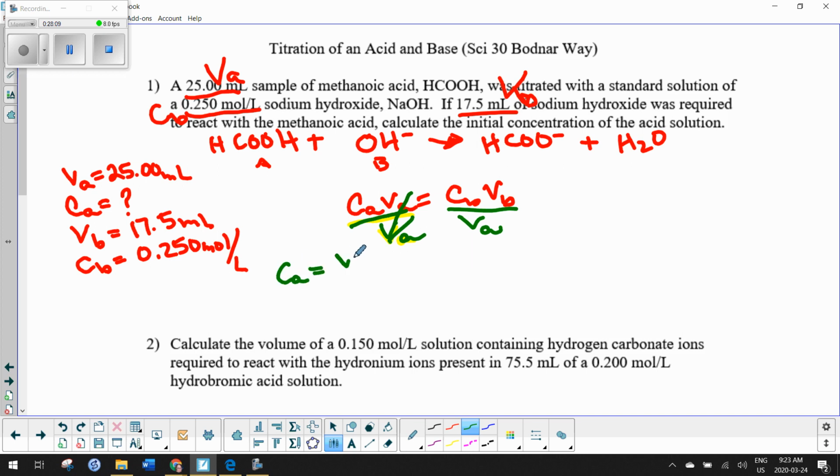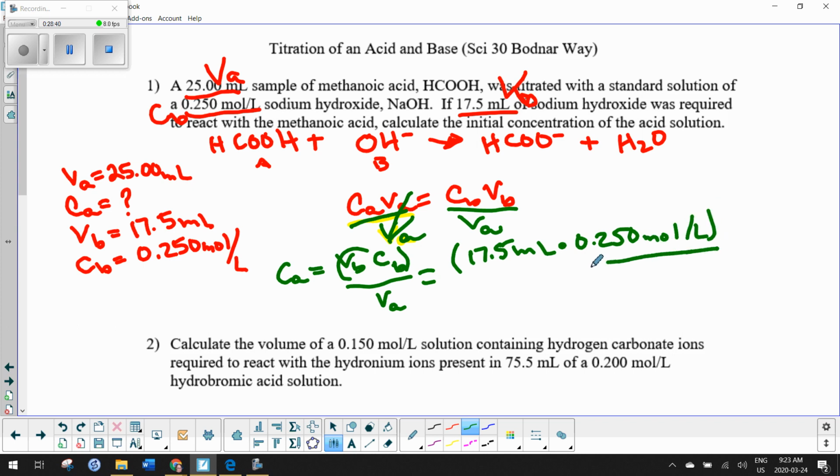CA equals VB, CB, sorry, they're being multiplied, it doesn't matter which way they go, over VA. You must make sure you put brackets here. And now you just substitute in your numbers. VB was 17.5 milliliters times 0.250 moles per liter.